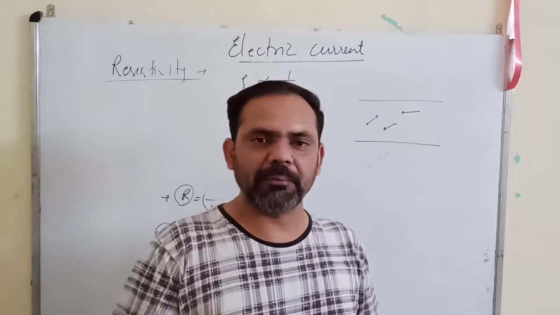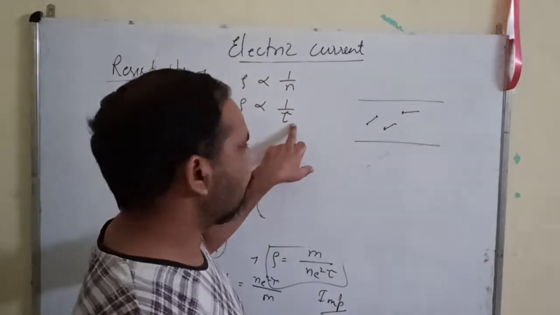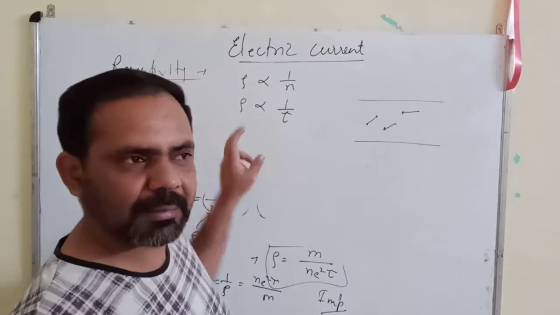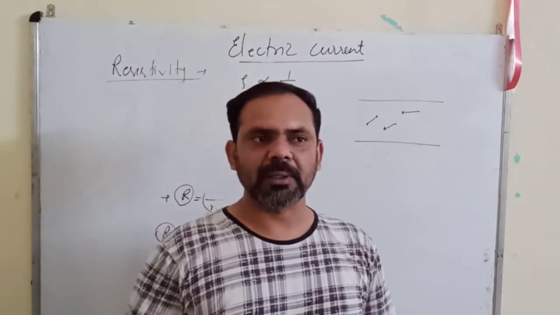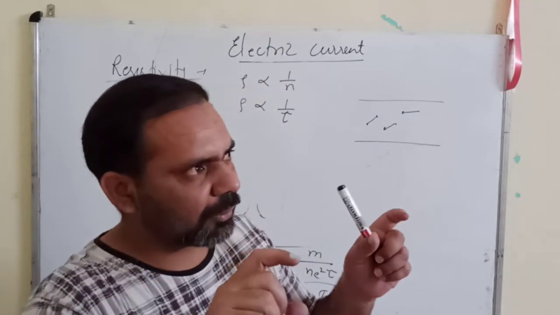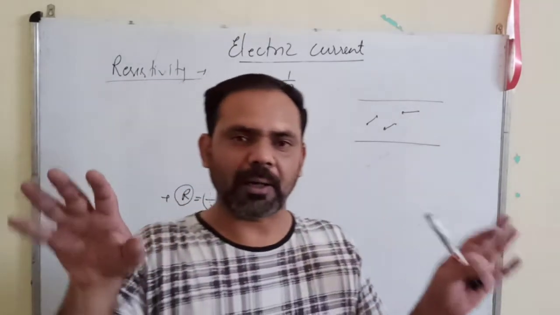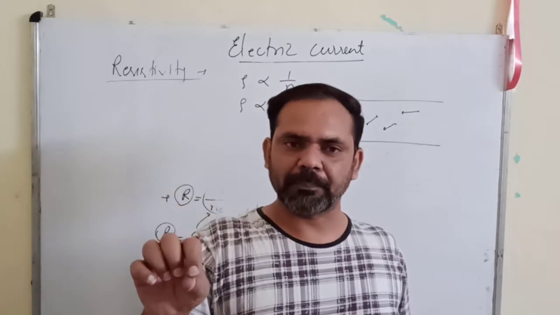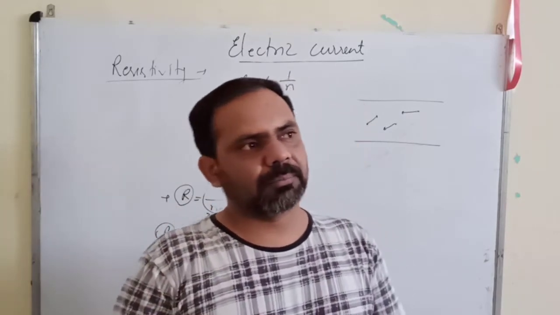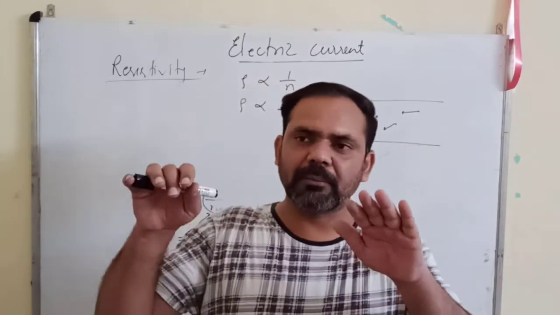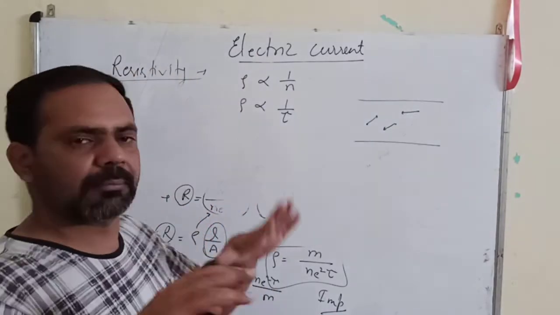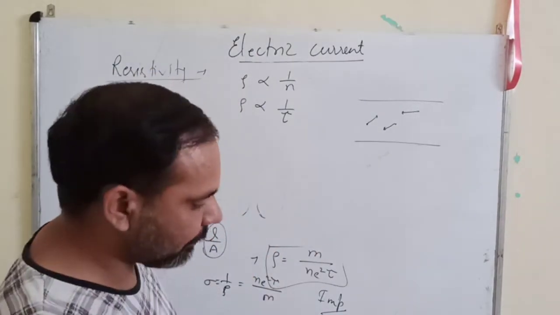They will collide quickly with each other, and hence the relaxation time period will decrease, and therefore the resistivity will increase and the resistance will increase. That is why in the electrical circuits in our house, we use copper wire, because it does not get heated up very quickly, and unless the conductor gets heated up, its resistance will remain low. So that is the reason.